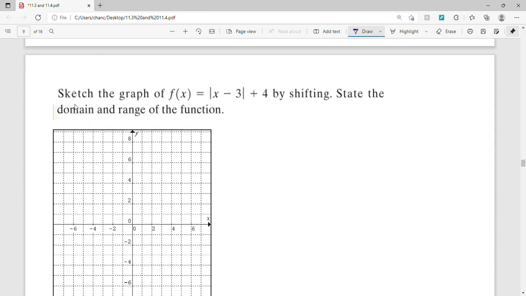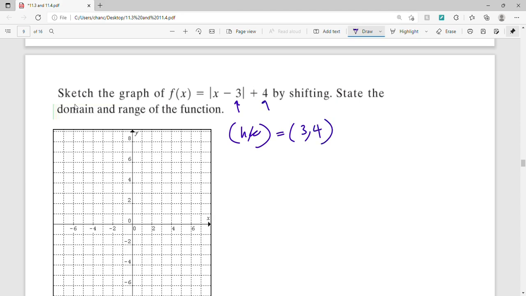Before we sketch a graph, you always have to find the vertex, (h, k). The h is +3 and the k is +4. Let's graph the vertex (3, 4). And now this is an absolute value facing up, so we know it's a V facing up.